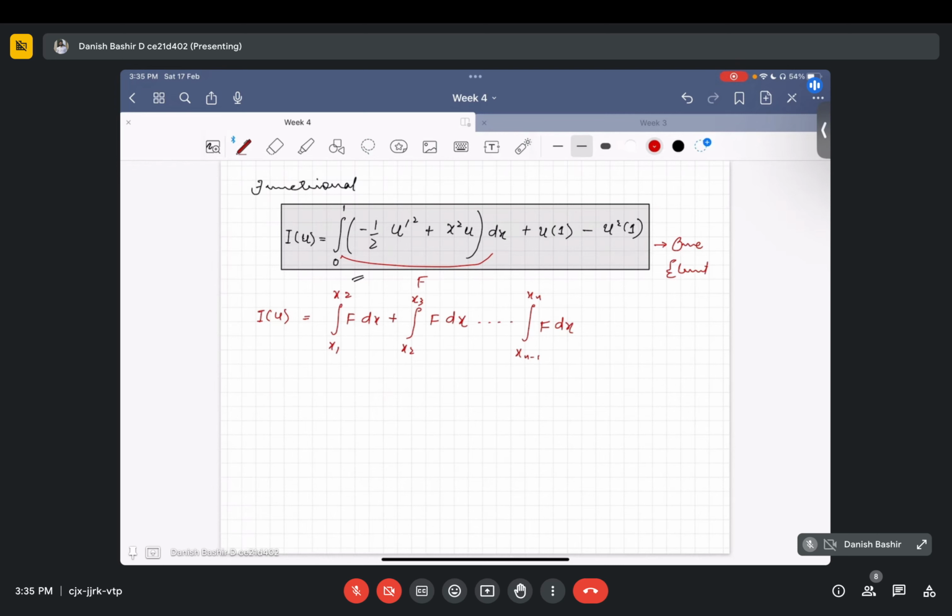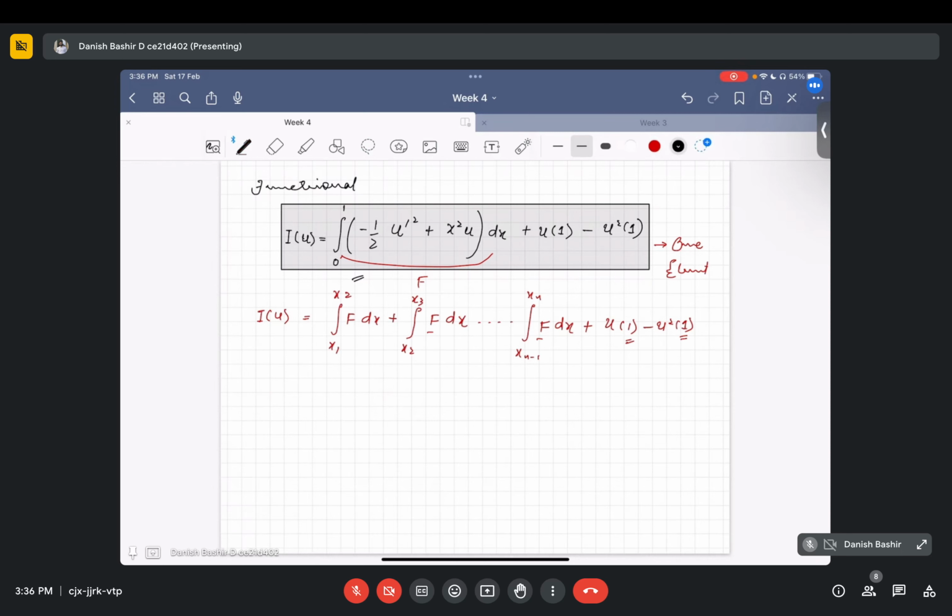And these boundary terms, u of 1 minus u square of 1, will always be there. These boundary terms will be either on the first element or the last element. So you need not consider these boundary terms within the middle elements, because there is no sense in using them there, as they are not boundary elements. Boundary elements will be either the first element or the last element.